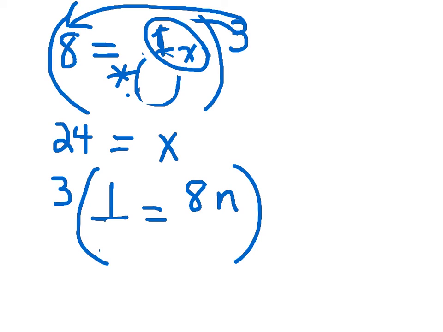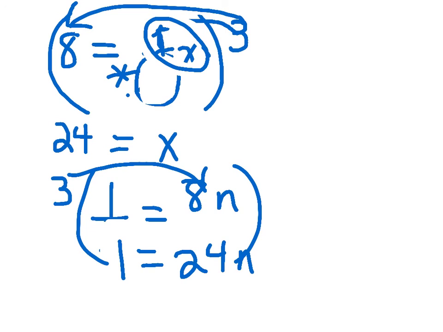So I'm going to have 1 is equal to 24n, and then I divide. This is similar to something that's in your sheet, but that's harder than anything that's going to be on the exam.